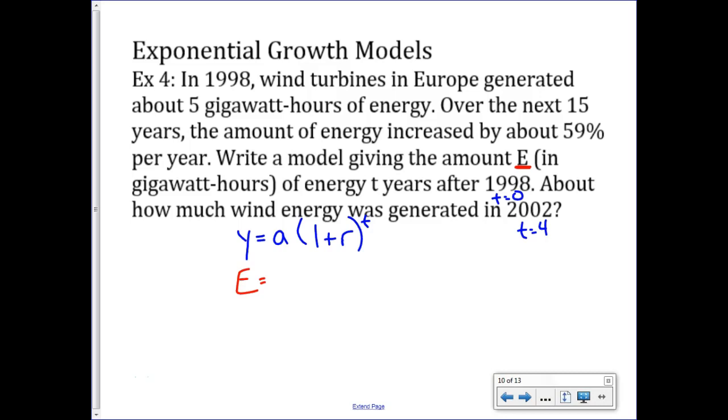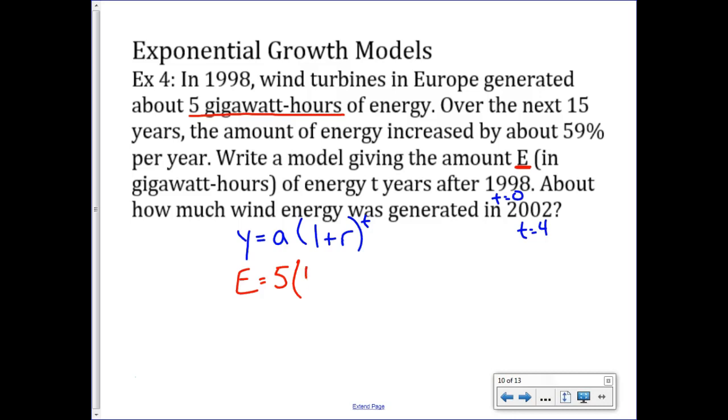Our A value is our starting value at 0. When time is 0, that's 1998. It says in 1998 it was about 5 gigawatt hours. So our A value is 5. And then we have 1 plus our 59%. We need to represent that as a decimal.